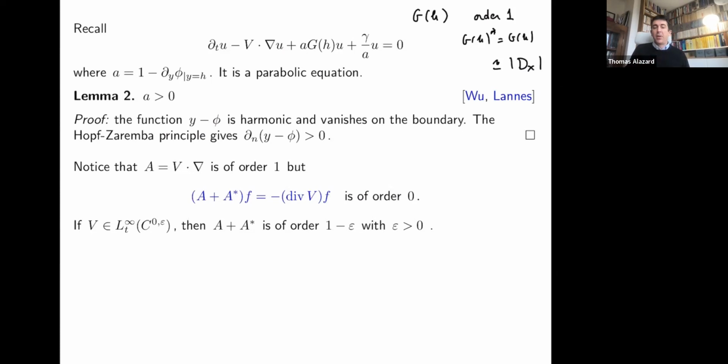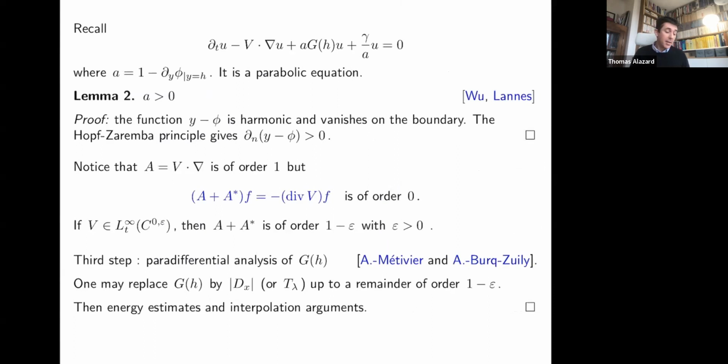But using paradifferential calculus or simply paraproducts, it's easy to justify the fact that A plus A star can be seen as an operator of order 1 minus epsilon. So it's not an operator of order 0, it's only of order 1 minus epsilon, but it's enough because it means strictly smaller than 1, which means that this operator is a sub-principal term.